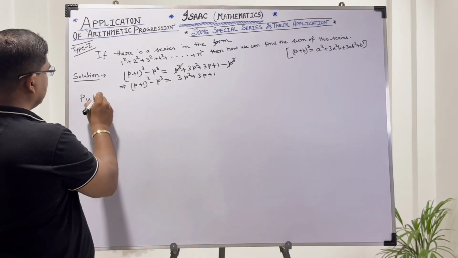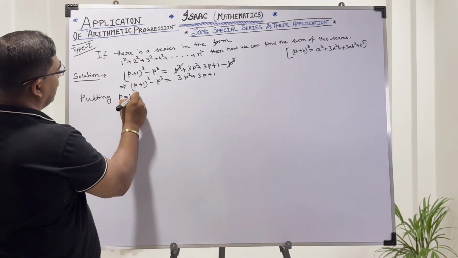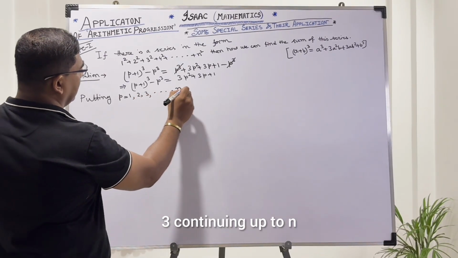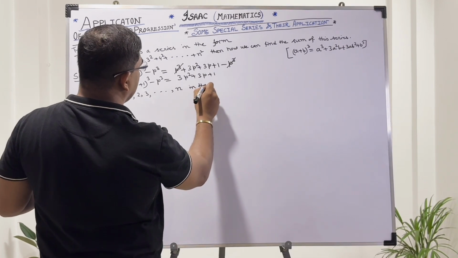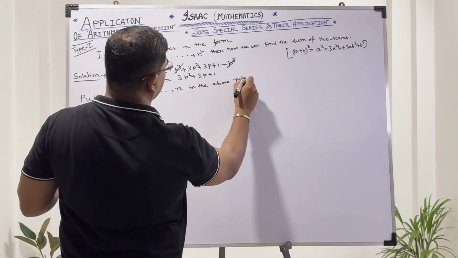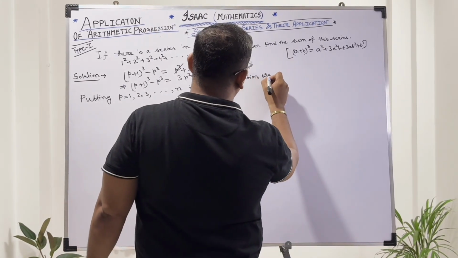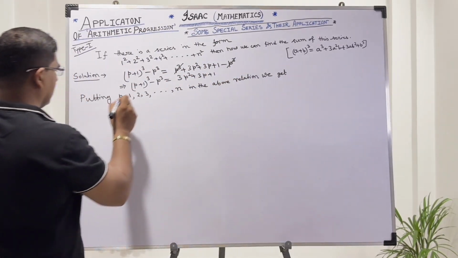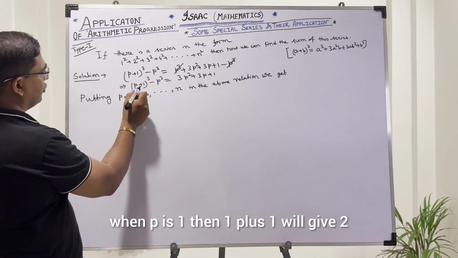Putting P equals to 1, 2, 3, continuing up to n in the above relation, we get, when p is 1, then 1 plus 1 will give 2.